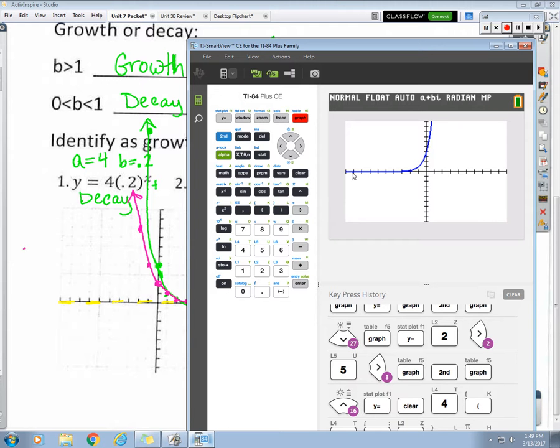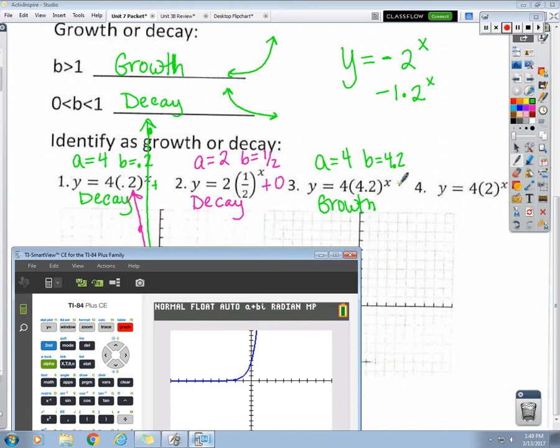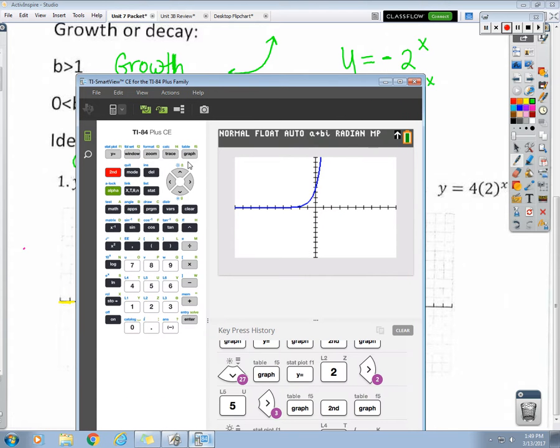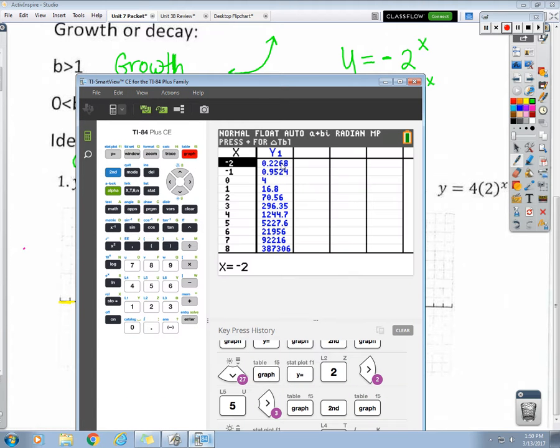Okay, it's a growth, which is why this time the asymptote's on the left side and it goes up on the right, because it's a growth. But see how the asymptote's still at 0? Because there was no vertical shift. There's nothing added to the end. It's like plus 0. So now to put that on the graph, we'll find some points. You can see that as you go left, that's where all the numbers are getting smaller, getting closer to 0, because the asymptote was on the left side.